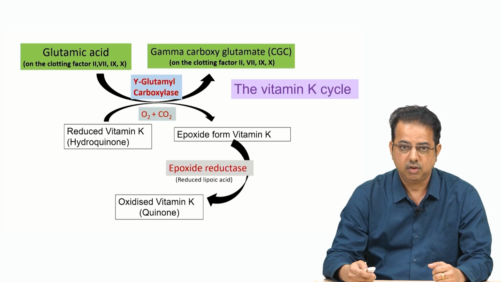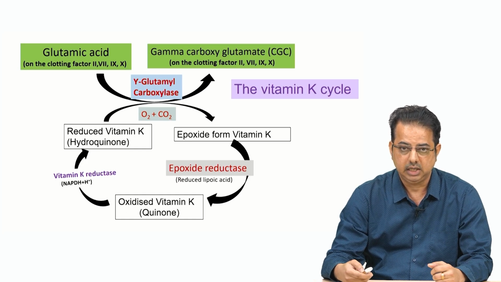Next, the oxidized form of vitamin K gets converted to the reduced form of vitamin K with the help of the enzyme vitamin K reductase. This reaction requires NADPH plus H plus. Now, once we have the reduced form of vitamin K, this can participate in conversion of more molecules of inactive clotting factor into active clotting factor. This cycle is known as the vitamin K cycle.